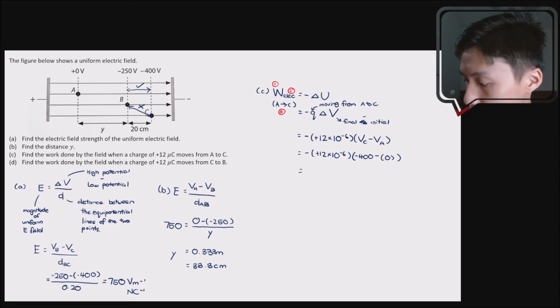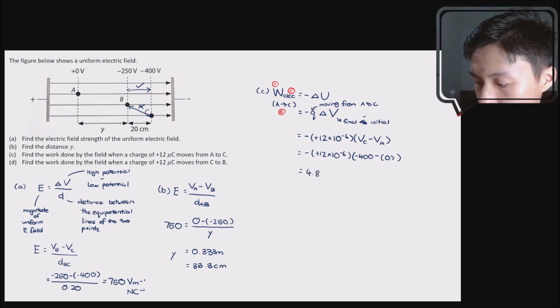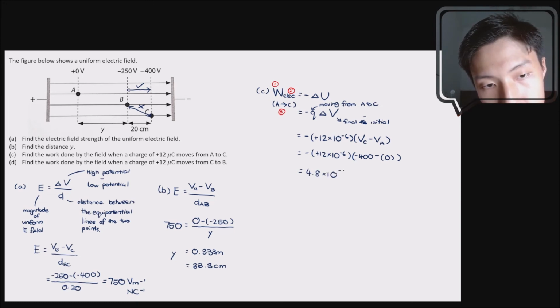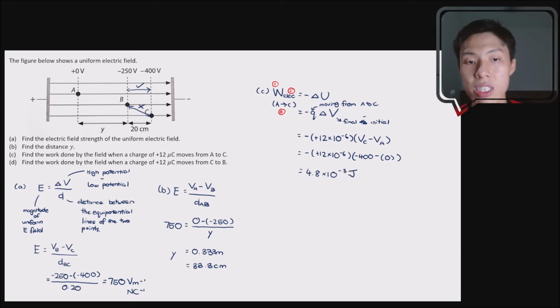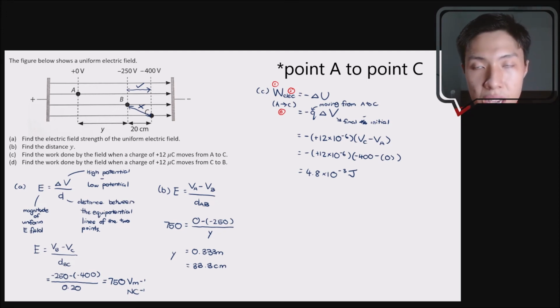So if you do your calculation, I believe you get an answer of 4.8 times 10 to the power of negative 3 joule. So this is the amount of work that is being done by the electric field to bring the charge from point A to point C.